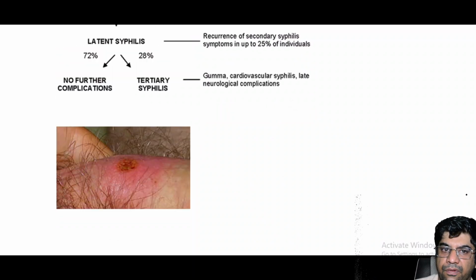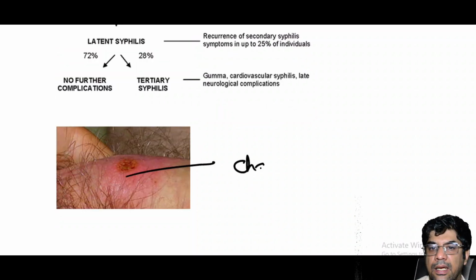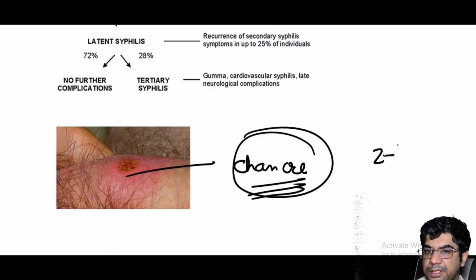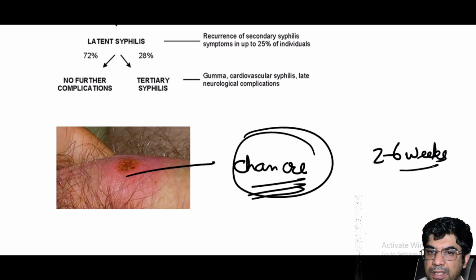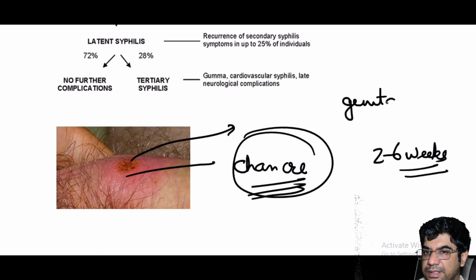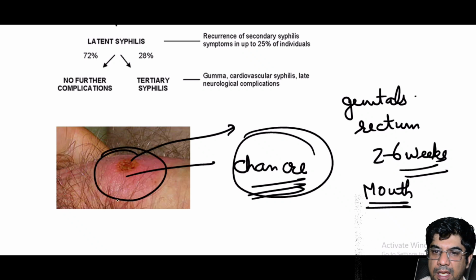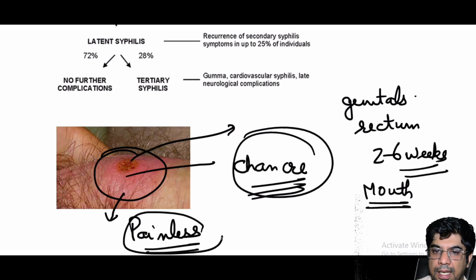Usually it is of 1 to 2 centimeter in diameter, and it generally shows up about 2 to 6 weeks after exposure. This ulcer can occur on genitals, rectum or the mouth. So the primary lesion is a chancre which appears 2 to 4 weeks after the exposure. This chancre, remember, is a painless papule that ulcerates in the center.